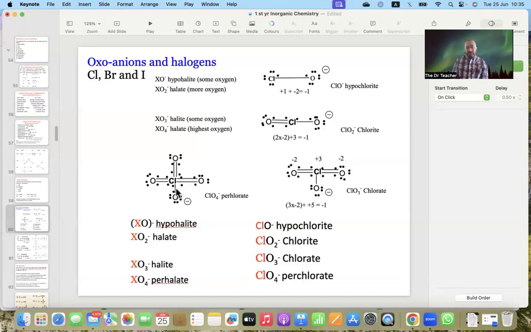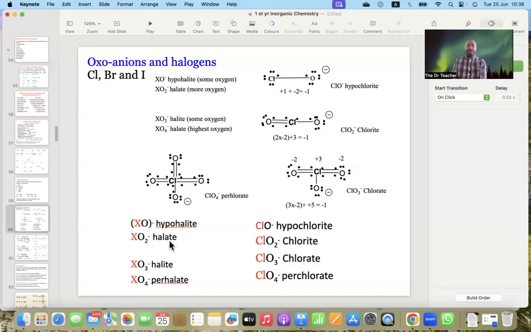Here we have 1 single bond. This single bond is formed from 1 electron of chlorine and 1 from oxygen. As you see here, we just count the double bonds and the single: 2, 2, 2, and 1, 7. So the chlorine is 7 plus. Now we come to the oxygen. 4 oxygens, each 2 minus, will be -8. So -8 plus 7 leaves -1.